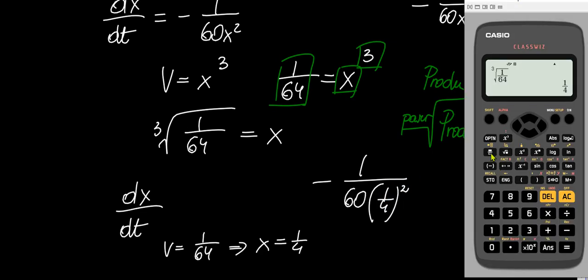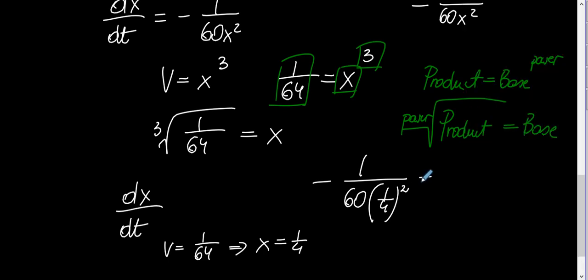And let's see, what do we get? Should be minus 1 over 60 multiplied by 1 over 4 to the power of 2. So minus 4 over 15, minus 4 over 15. That's the rate that I'm looking for, centimeters per second.